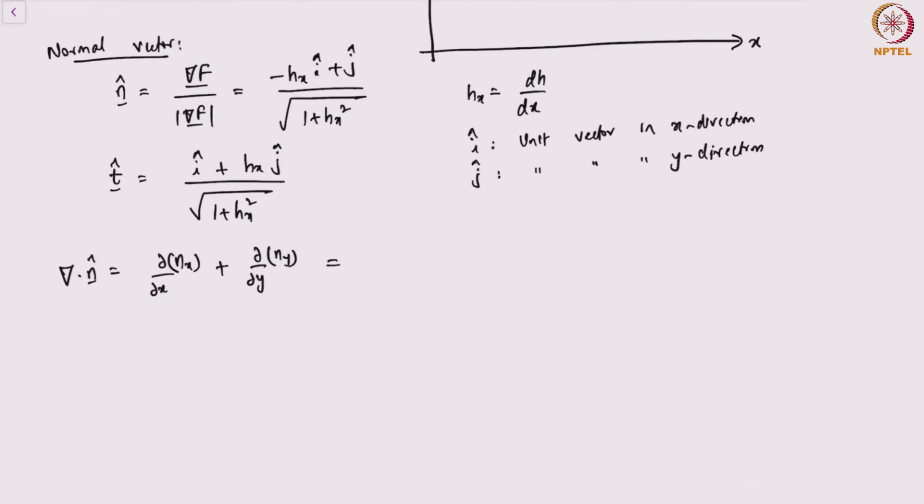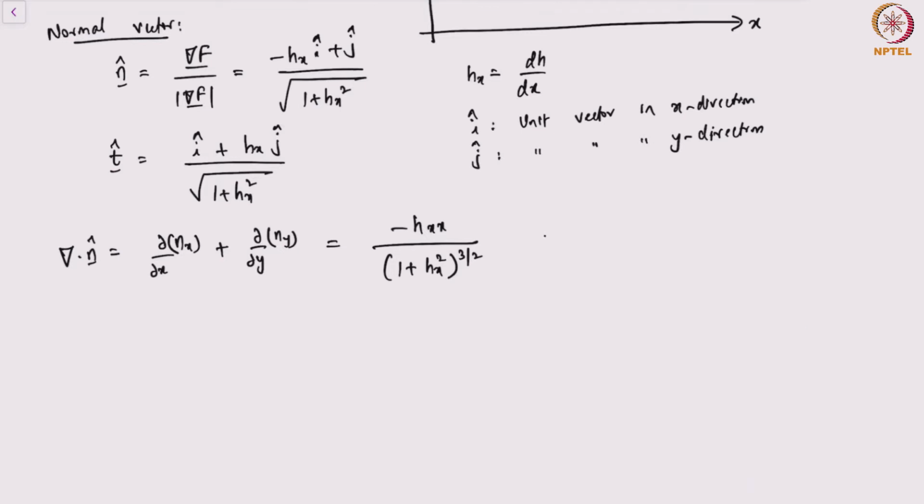Ny is 1 divided by square root of 1 plus hx square, and therefore I can just substitute this expression and I'm going to get minus hxx by (1 plus hx square) whole power 3 by 2. So this is the definition of curvature in 2D.